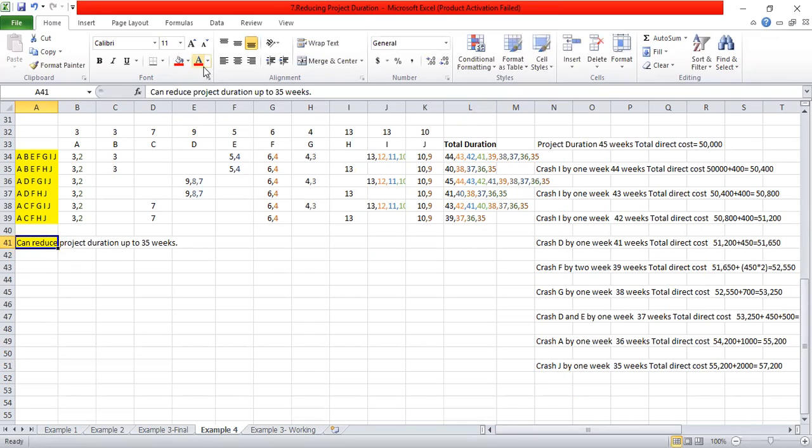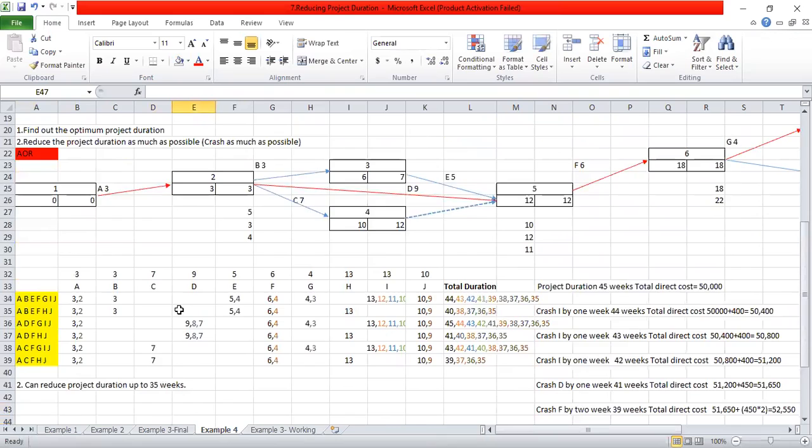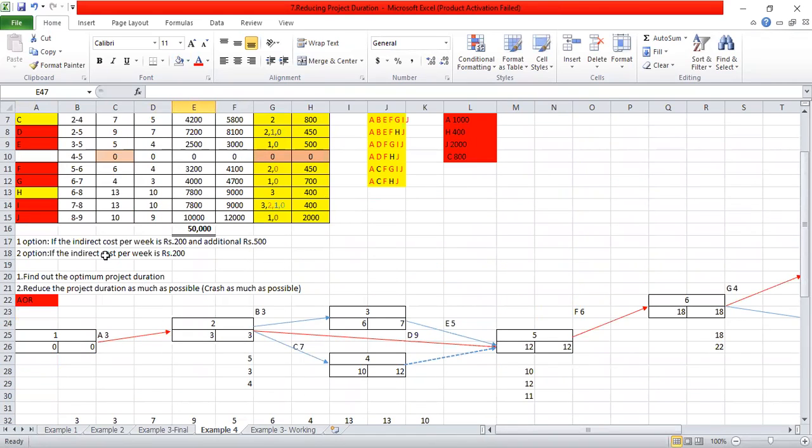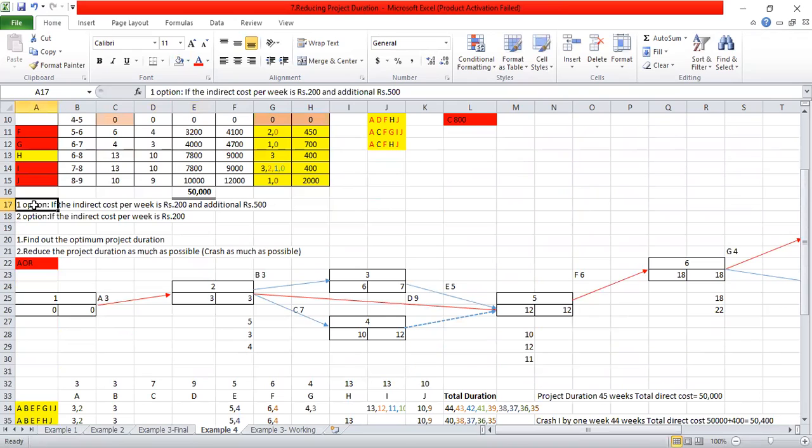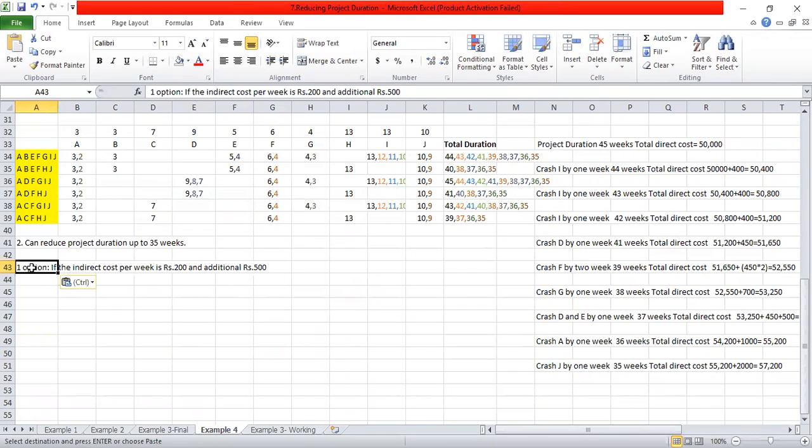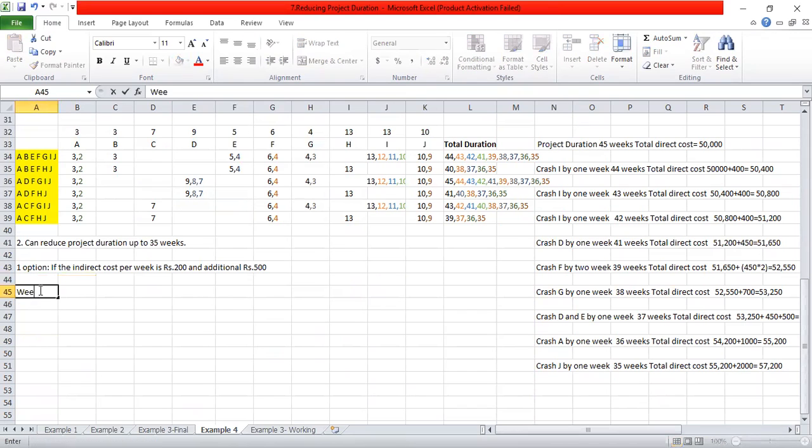In the first question, they are asking to find out the optimum project duration, and they have given option one and option two. For option one, I am writing the weeks, the total direct cost, indirect cost and total cost.